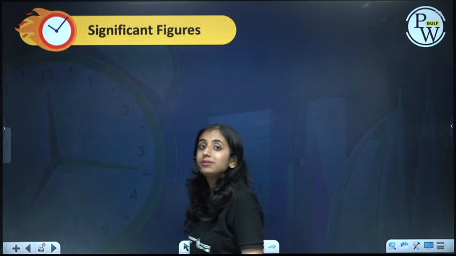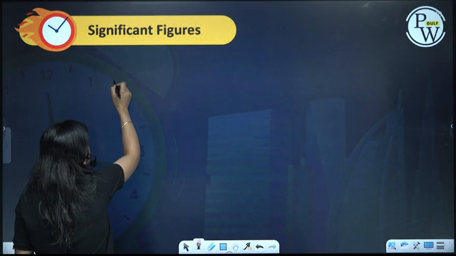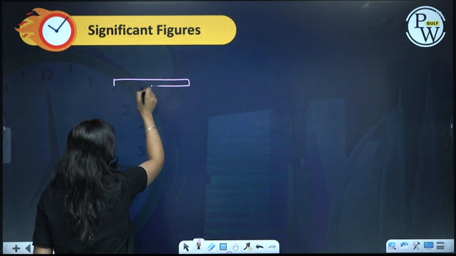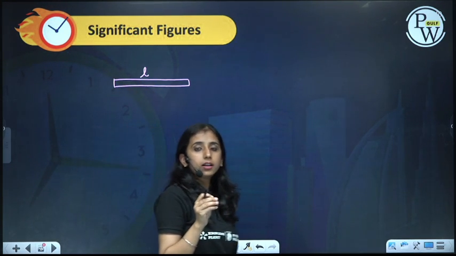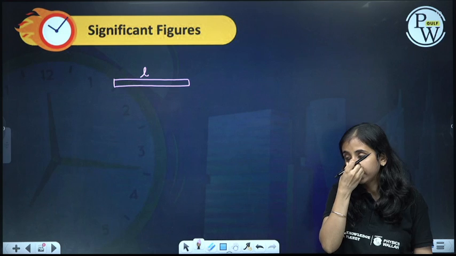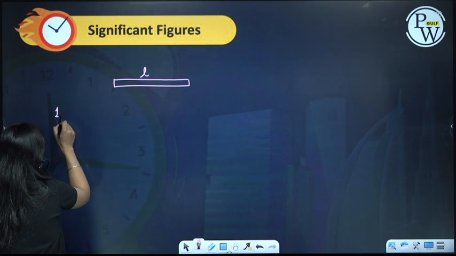Let us move to significant figures. So what are significant figures? Let us study significant figures through an example. We want to measure the length of a rod, and we have 3 scales.